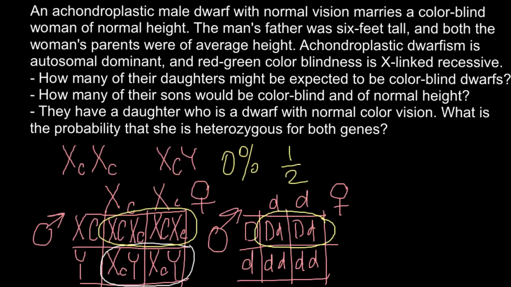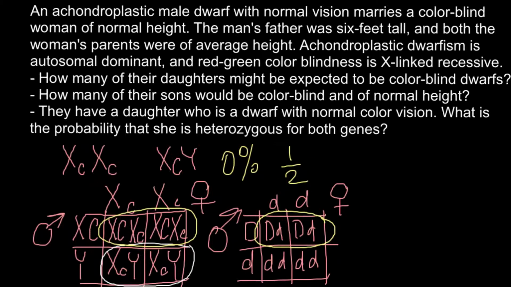So that's why all of the males, according to the first Punnett square, would be colorblind, and 50% of them would also be dwarf. So this is our answer for the second question.